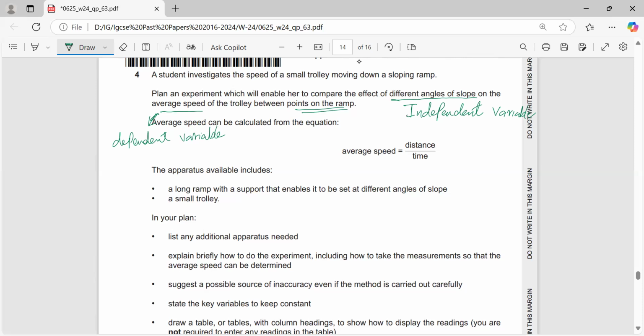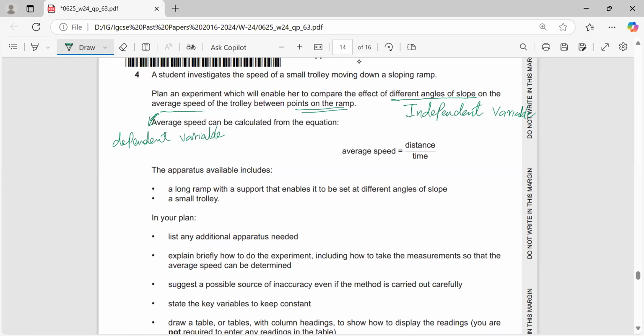Now average speed can be found by distance over time, or total distance traveled over total time taken.